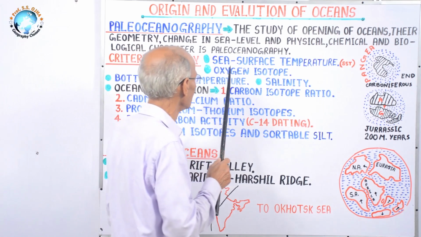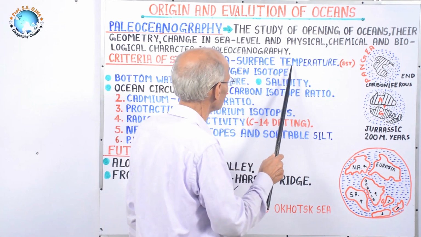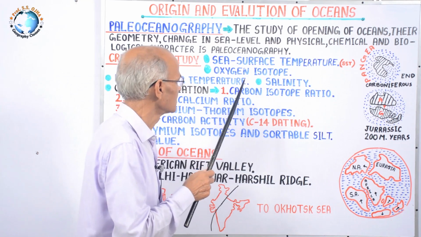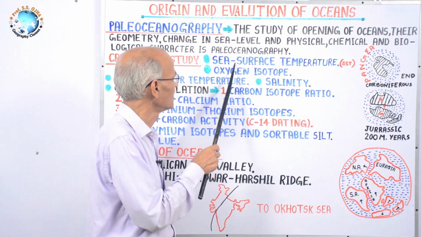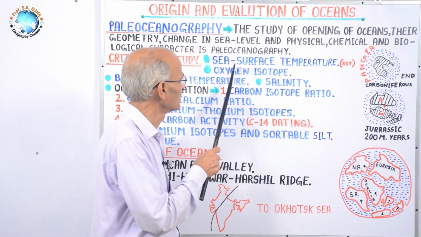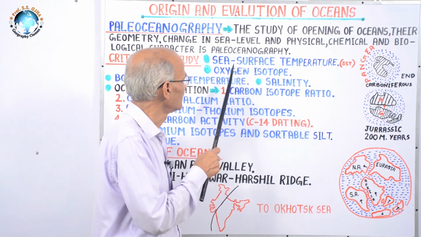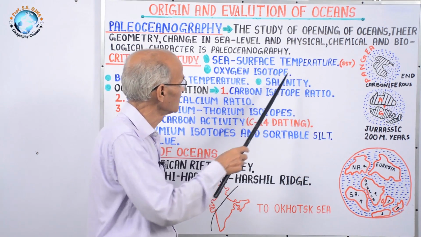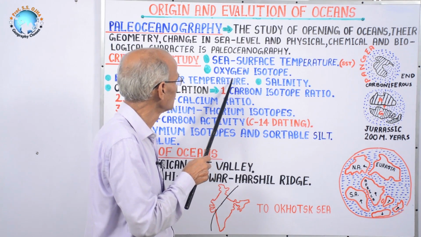The first criteria to study Paleoceanography is sea surface temperature, SST, and since the origin of the ocean or water body on the earth, the climatic conditions are continuously varying due to a number of extraterrestrial and terrestrial factors. So, this is a very important criteria which helps us study the nature and characteristics of Paleocean.